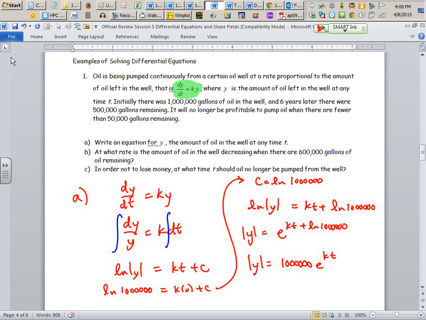And then we can decide if we want it plus or a minus. So which makes more sense? If I plug in a time of 0, am I going to get y equals a million or y equals a negative million? Which one makes more sense, according to the instructions? Yeah. In this problem, it's the positive that makes more sense. So we won't need the negative.